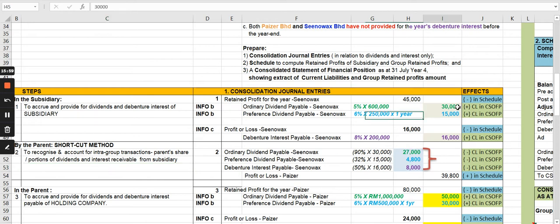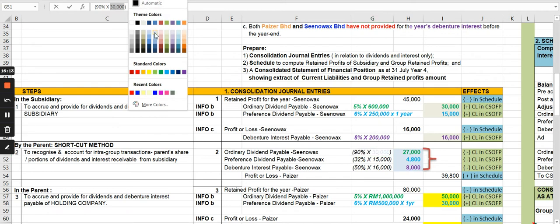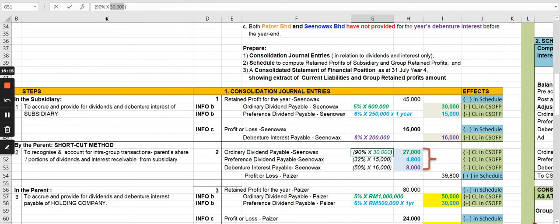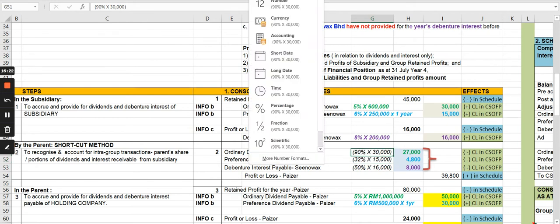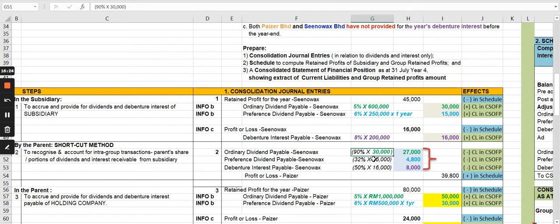So if you look at the column here, what was declared by Sinovac was 30,000, and you know that out of that 30,000 that was declared, 90% belongs to the parent. So 90% times 30,000 becomes 27,000.